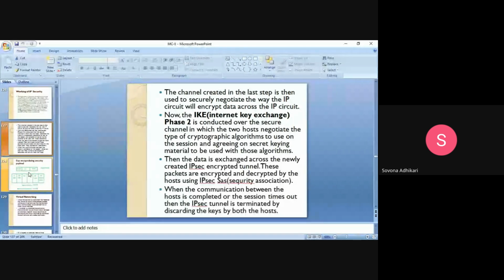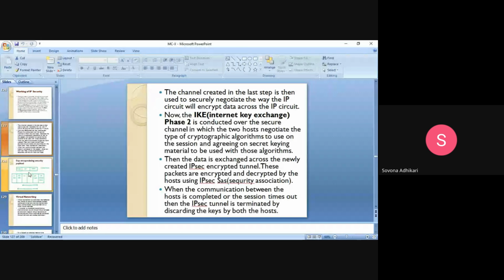So the source and the destination have an agreement, they negotiate which cryptographic algorithm to use to encrypt the data, so that the destination side can decrypt it. Then the data is exchanged across the newly created IPsec encrypted tunnel.